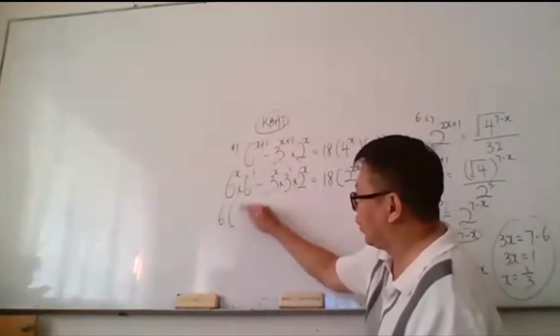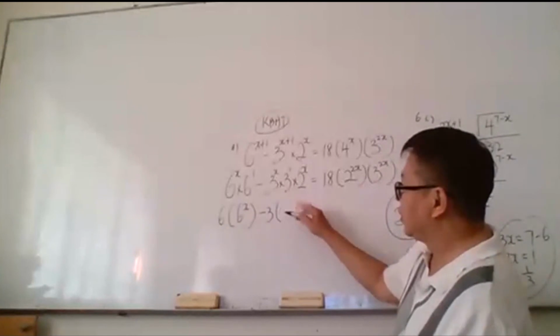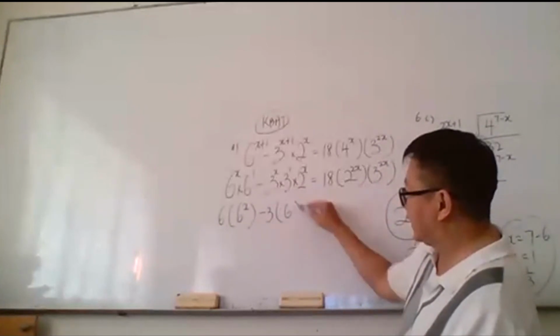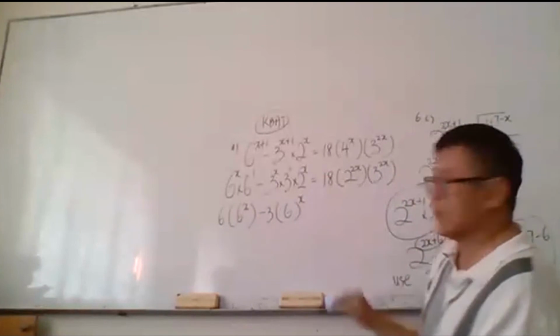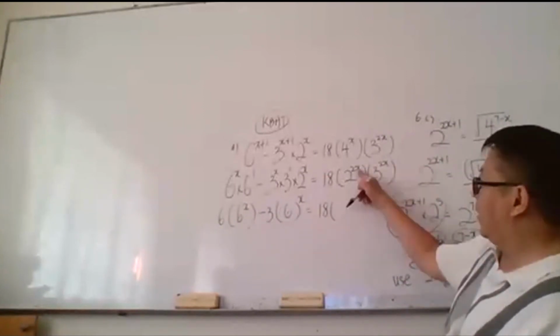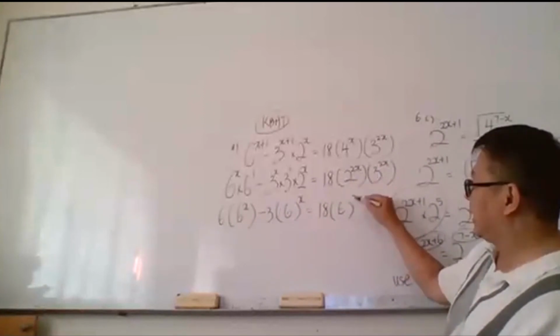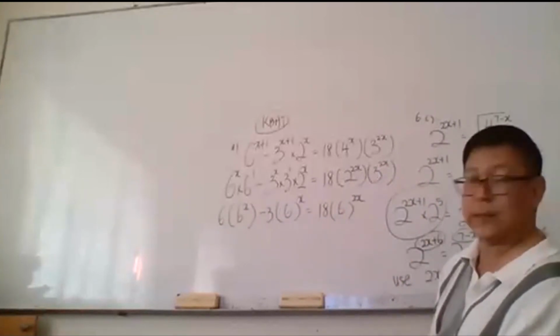I'm using this technique for these particular questions. So 6 to the power of x, the 3 will remain. So 3 times 2 becomes 6. So the common factor x is like that. And then 18, you see that this is the common power. I can just put 3 times 2, 6 to the power of 2x.